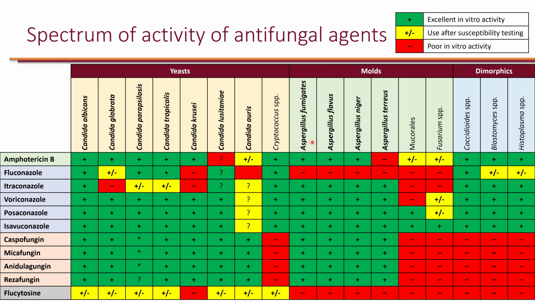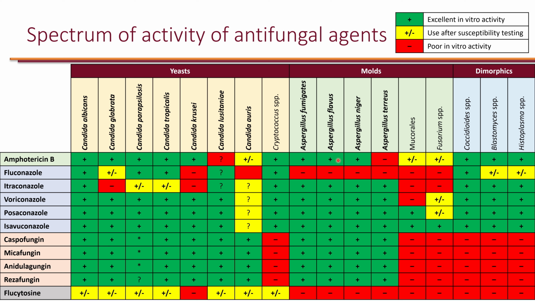So then we have different aspergillus species, and then we have the difficult molds like mucorales and fusarium. These are very nasty, resistant molds that cause a lot of mortality.